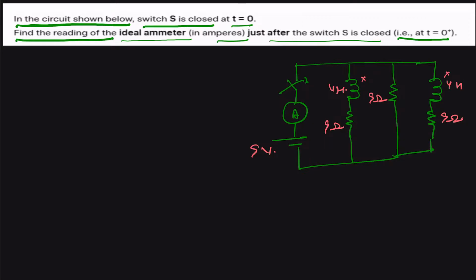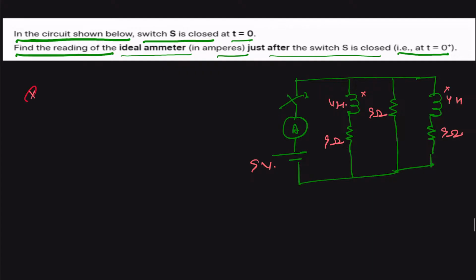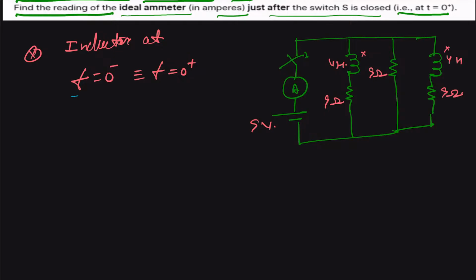Okay, so let me write it here. We can say that the condition of our inductor at t equals 0 negative will be the same at t equals 0 positive. So it means at 0 negative the current through the inductor, both here as well as here, was equal to 0.